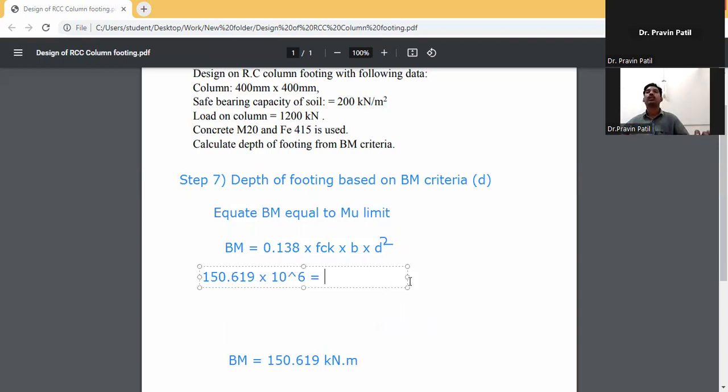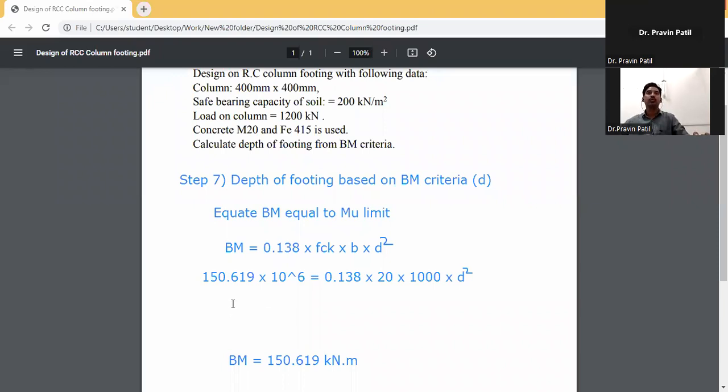So 0.138 into fck, which is 20, into b, which is 1000, into d square.